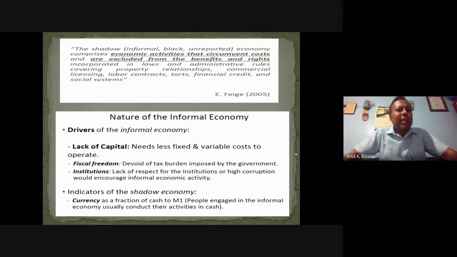Now, why do informal economies generate? What are the drivers of the informal economy? First is lack of capital. As you don't have much capital to have a formal economy, because the formal economy needs formalization of everything, like license to have water connection, fire license, electric things, the land, the labor safety, labor rules, labor regulations, machines, whether machines are shock proof or not.